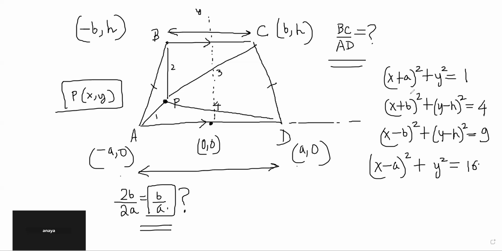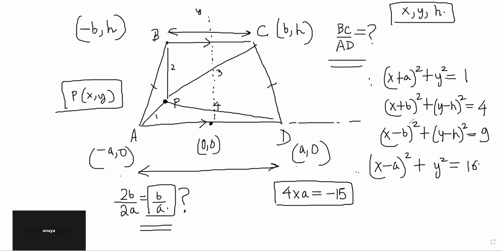From these equations, basically, we need to eliminate which variables? x, y, h. It is possible to eliminate because what we will do is we will take this equation and this equation and subtract them. If you subtract them, you will remove the y square. If you subtract this equation and this equation, we'll get 4xa is equal to minus 15.